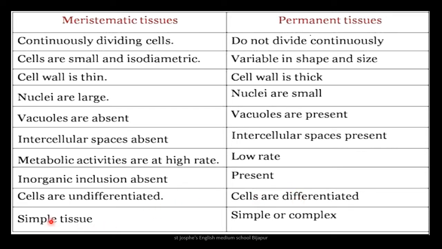Whereas meristematic tissues contain only simple tissues, in permanent tissues you will see simple as well as complex tissues, which we are going to discuss in detail.